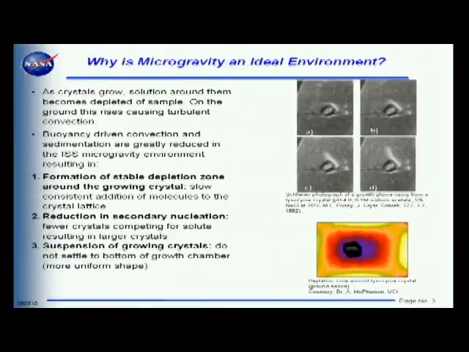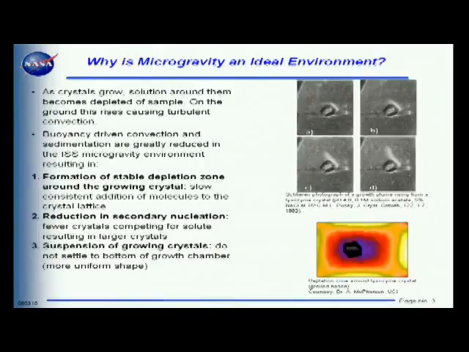So what is the difference between a laboratory environment and a microgravity environment when it comes to the growth of protein crystals? One, like Dr. Pellis touched on earlier, is the reduction of buoyancy-driven convection and sedimentation. As you can see in the figure here at the top right of the chart, this is a lysozyme crystal grown in a 1G environment.